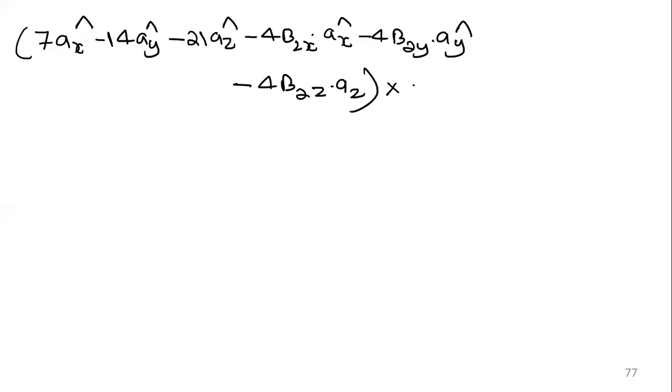Cross product with the normal component. In this particular condition, the normal component is already mentioned: the Z component itself. It is equal to 60 into, 7 and 4 will multiply, you know how to take the LCM, okay? 28 into mu naught.